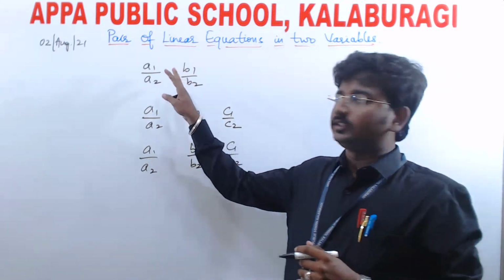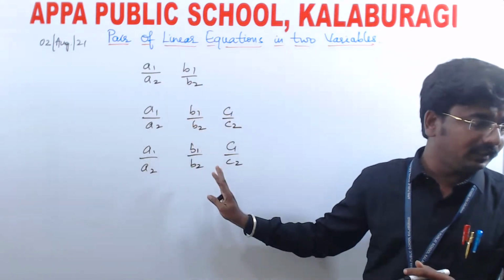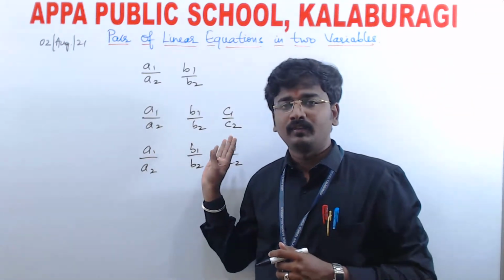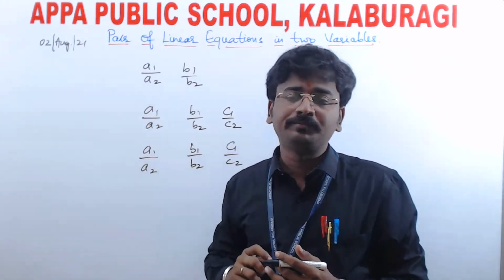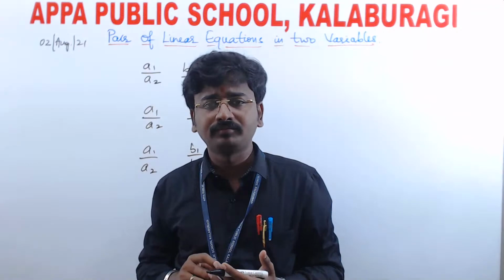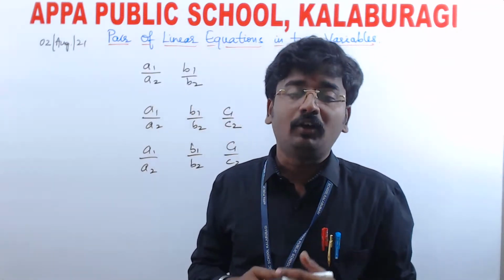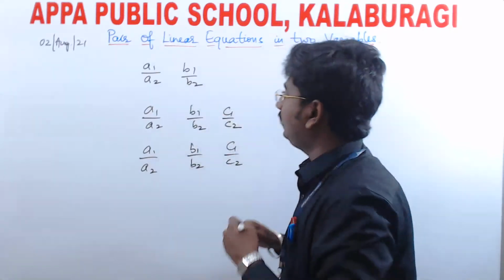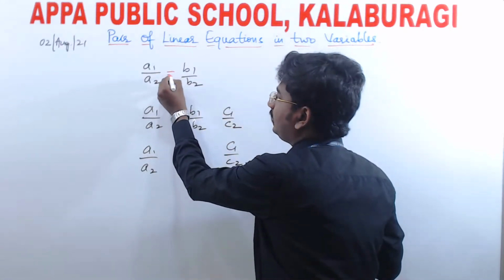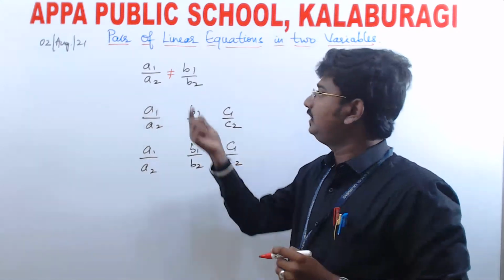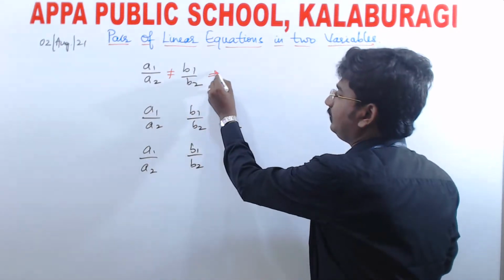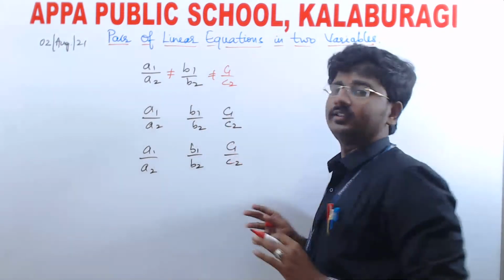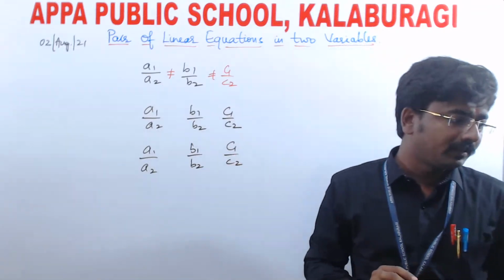Okay. So students, now based on these three, we can define whether the linear equations are parallel, coincident, or intersect. The first condition you must remember here is A1 by A2 not equal to B1 by B2. If these are unequal, no doubt, even C1 by C2 will be unequal. It is understood, right?